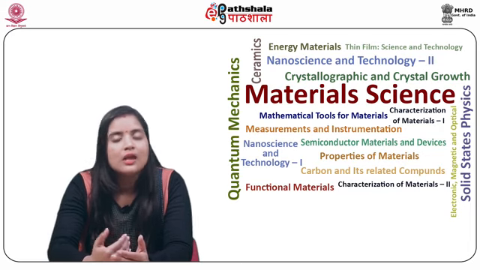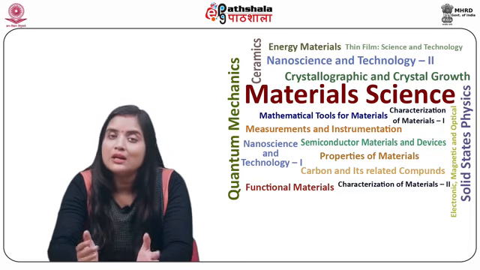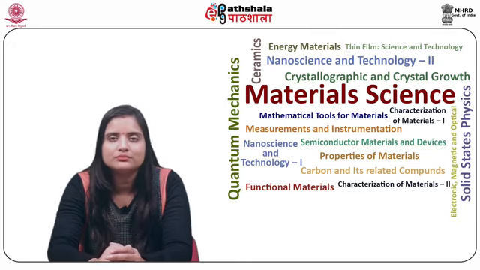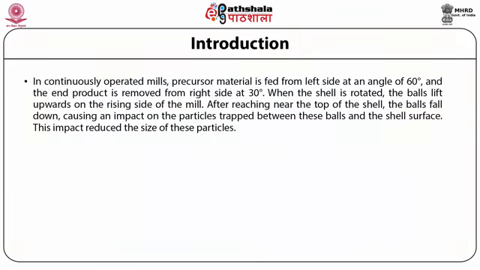The mill is nearly equal in length and diameter. In continuously operated mills, precursor material is fed from the left side at an angle of 60 degrees and the end product is removed from the right side at 30 degrees.